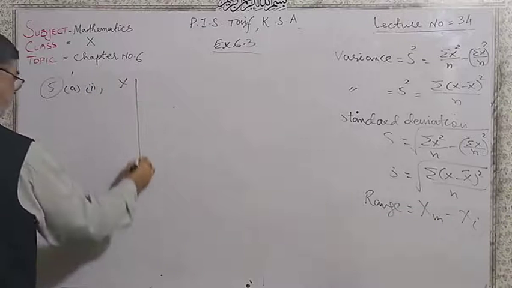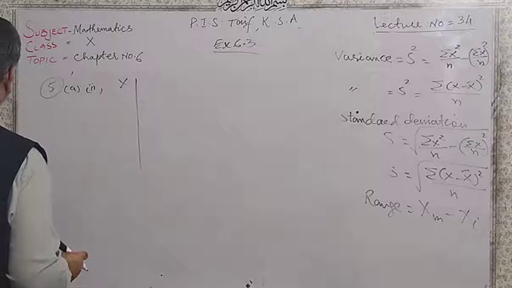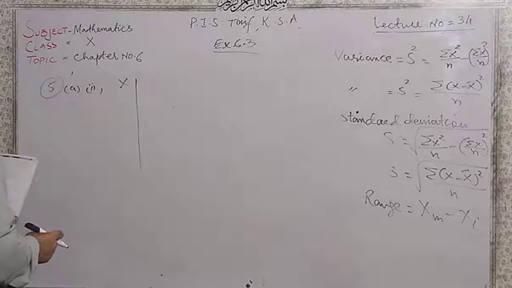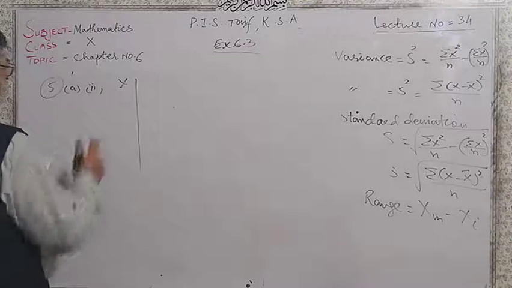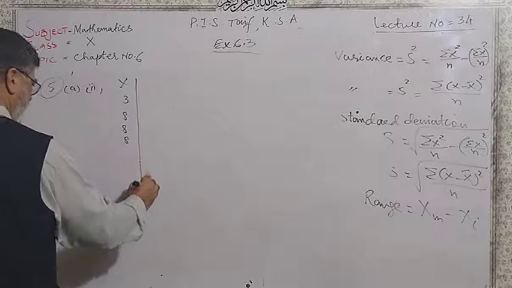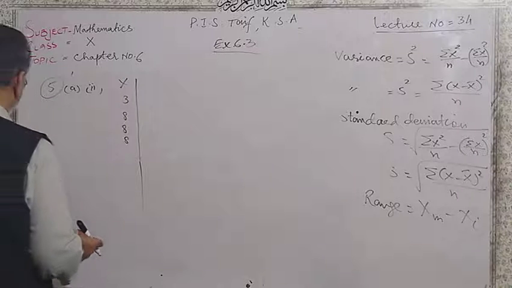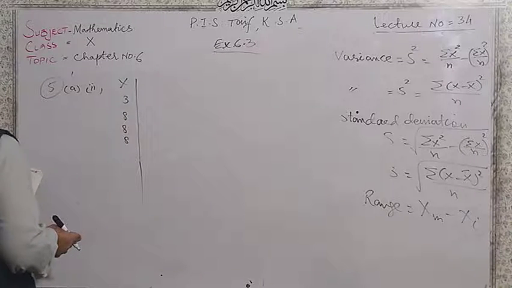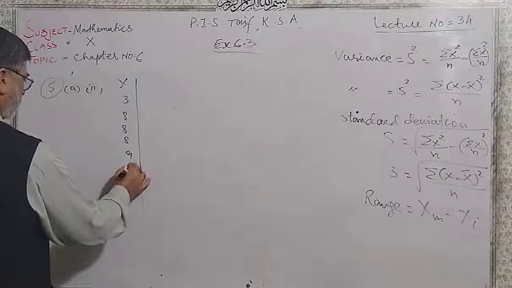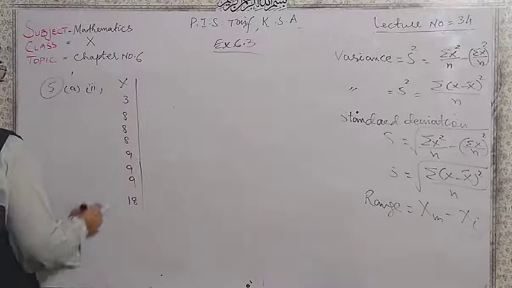We are given x values. What are the x values? 3, 8, 8, 8. Yes, you can write down in ascending order. It will be easy for you. 3, 8, 8, 8, then 3 times 9, and at the end it will be 18.